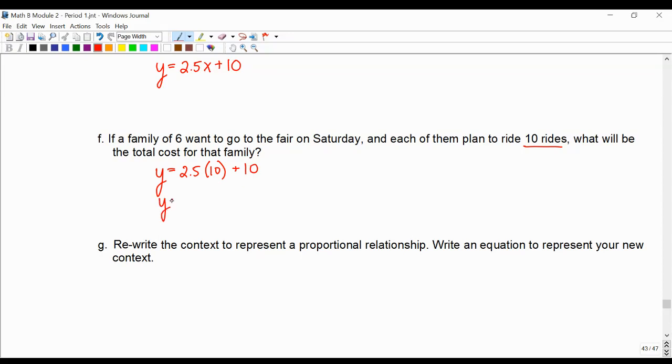So this is 25 plus 10, which is 35. So the cost for one person is $35, and we have 6 people that are going to go. So 6 times 35 gives us a grand total of $210 for the whole family.